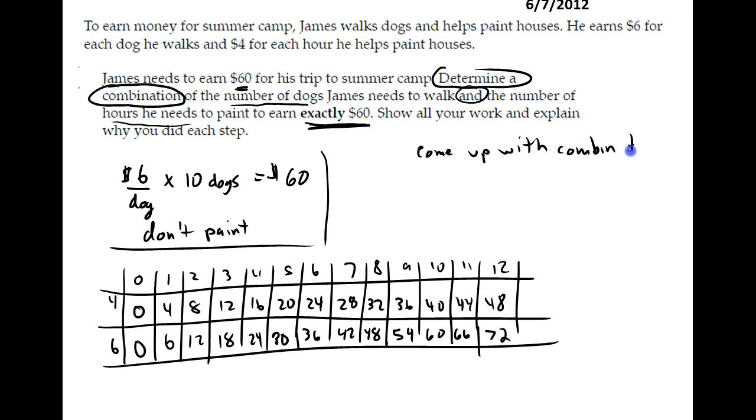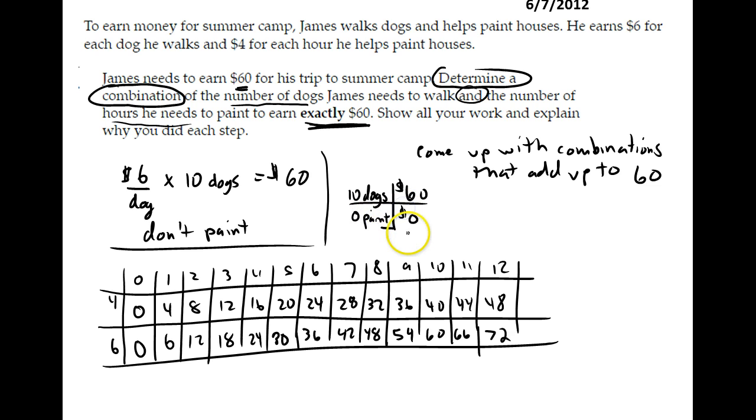that add up to 60. And so the one combination we see is 60 from the dogs, 10 dogs, and no painting.